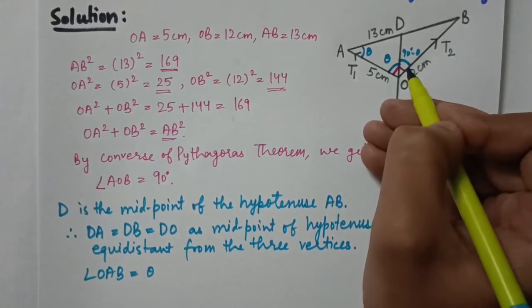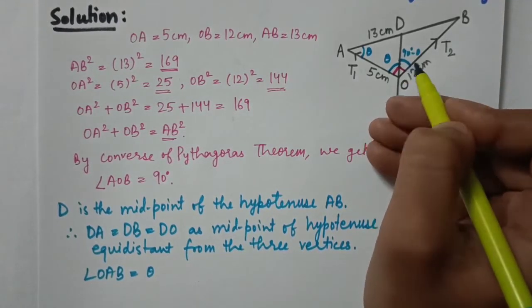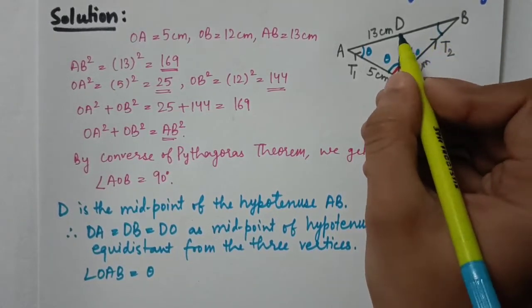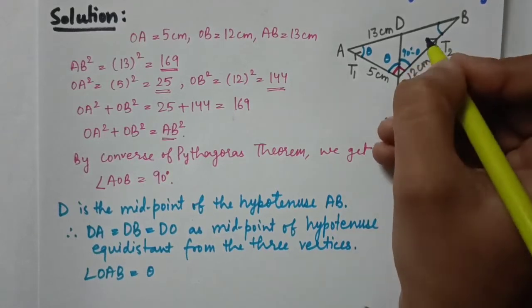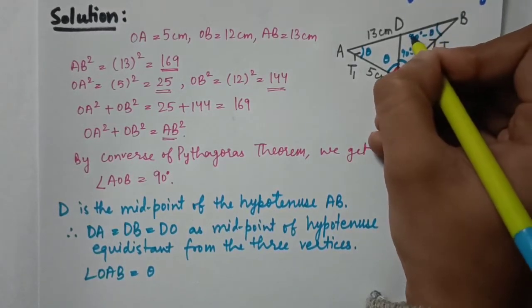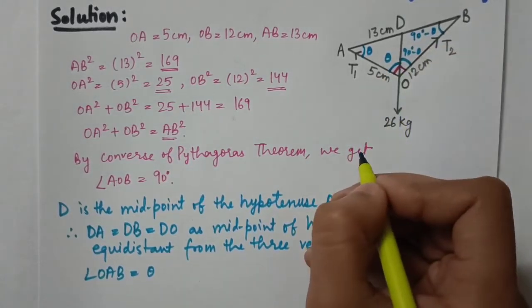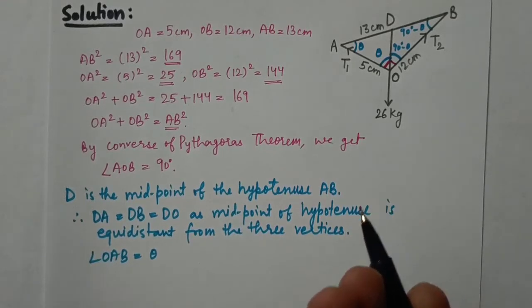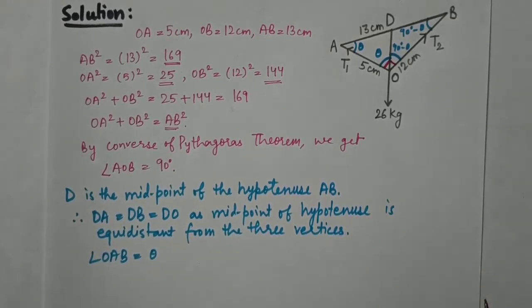So if this angle is 90 degrees minus theta, this angle DBO must also be equal to 90 degrees minus theta. Now we have found what these angles are, but why are we finding them? What is our motive?